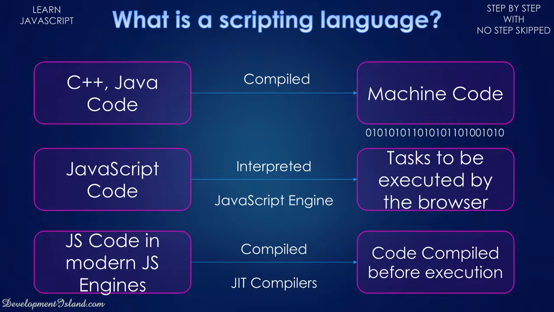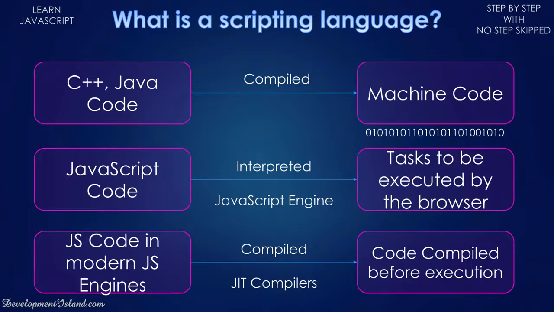Now you may be asking, what's the difference between JavaScript that is compiled and JavaScript that is interpreted? Well, modern JavaScript engines introduce the compilers, or the JIT compilers, for optimization reasons. Basically, if your code is compiled, it's actually more optimized than if your code is just interpreted.